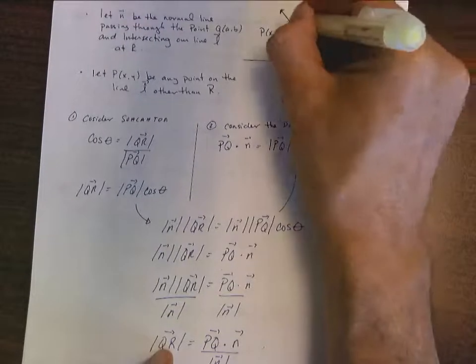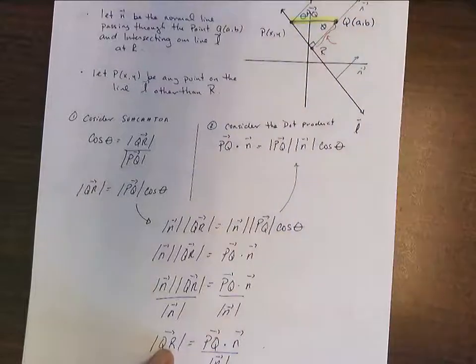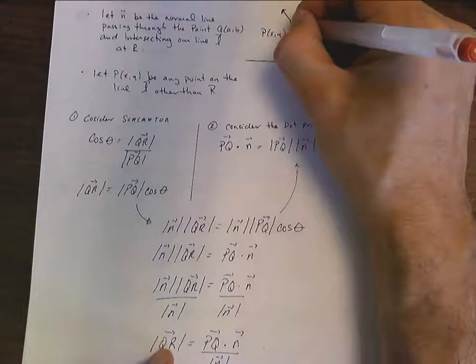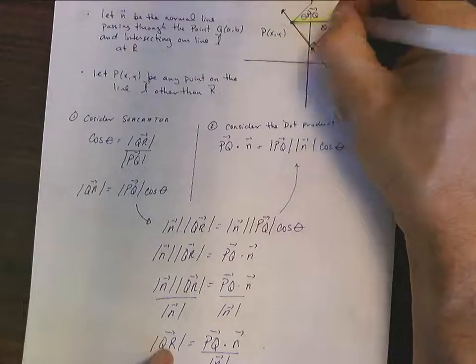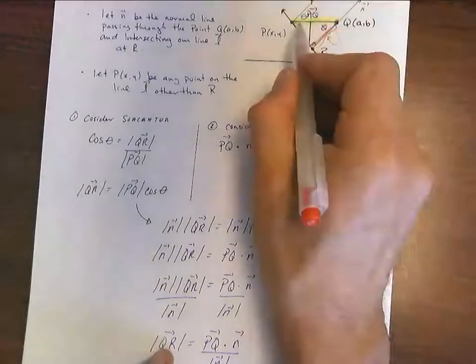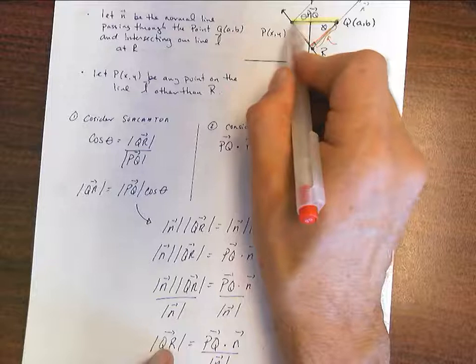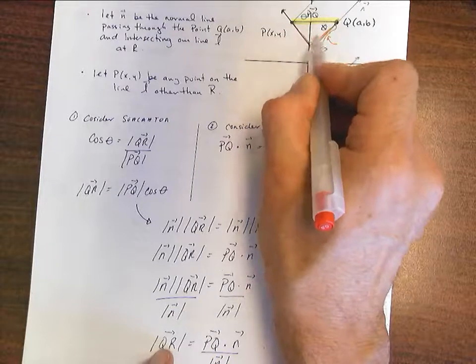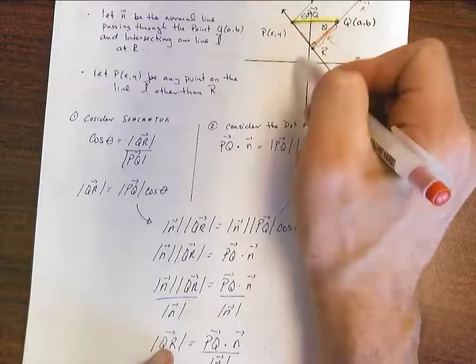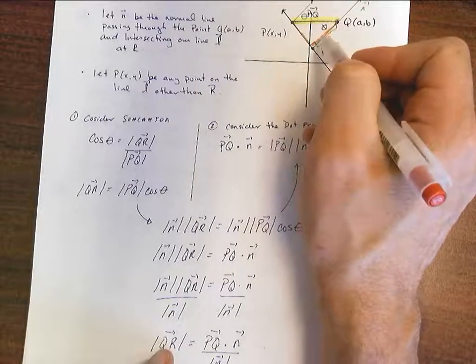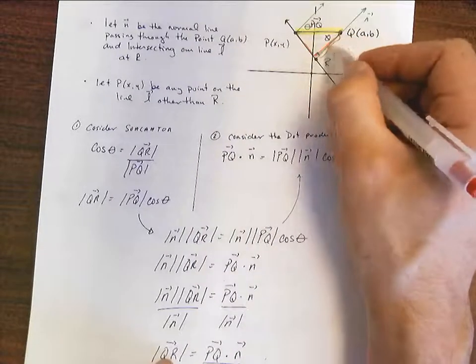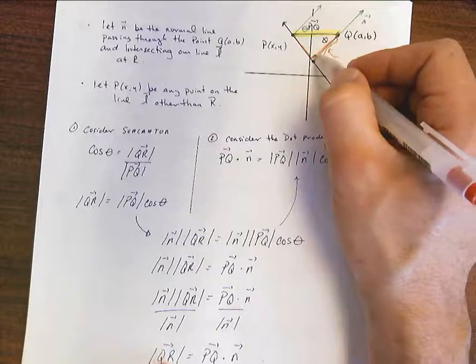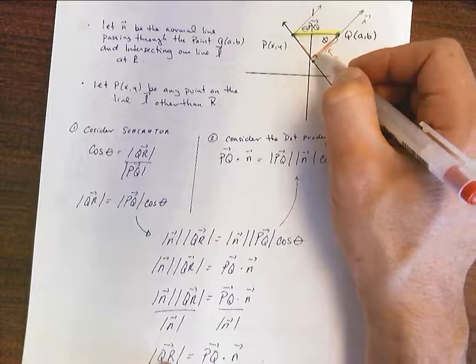This vector here could be broken down into two perpendicular components, one going this way and one coming this way. This component is what we would call the projection of this vector onto this line. It's almost like if there was a light source here shining down, that would cast a shadow here. That's why they call it projection in some aspects.